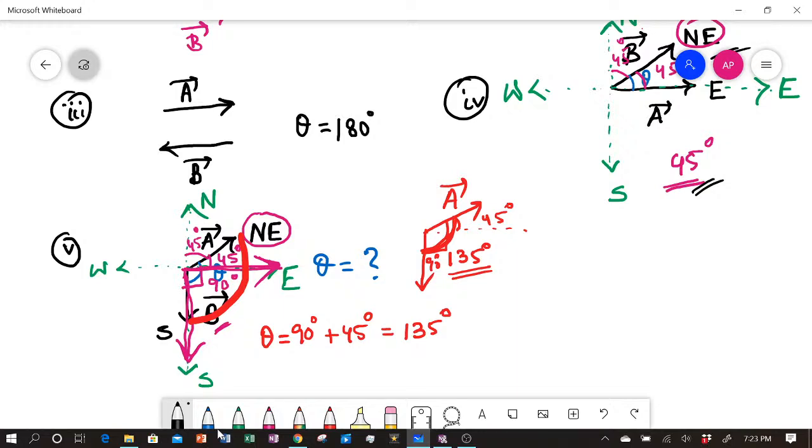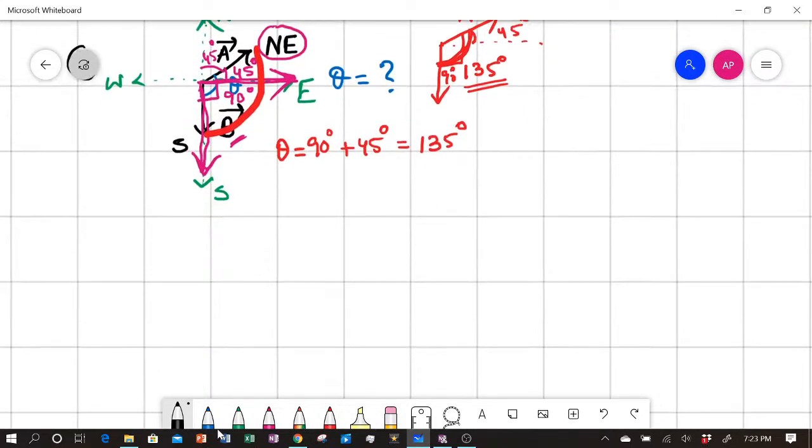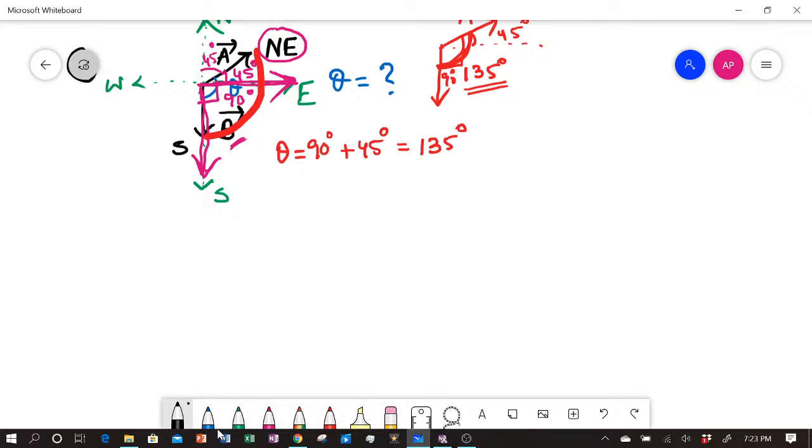Okay, I am going to the next problem. Suppose this is vector A along south.